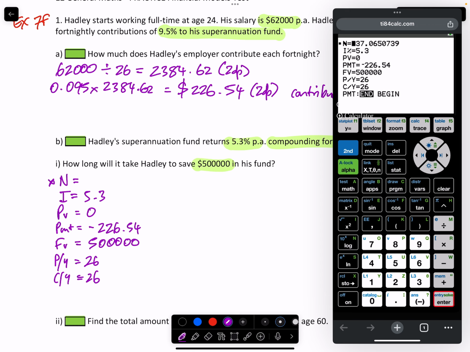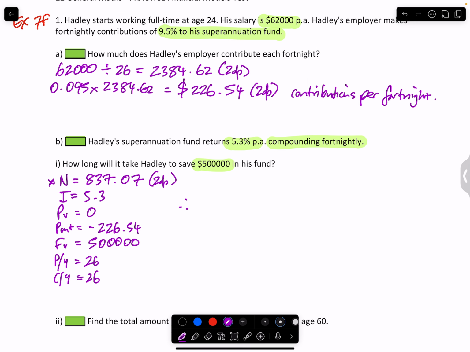Alpha solve, that tells me 837.07 to 2DP. So therefore 837.07 fortnights. The question doesn't say what units it would like it to be in, it just says how long, so that should be accepted.